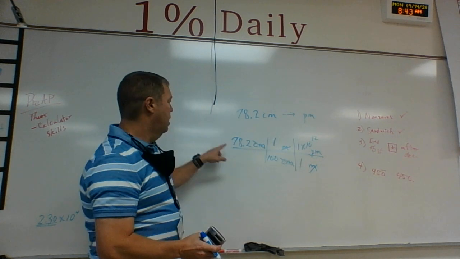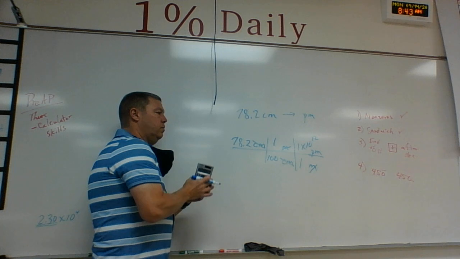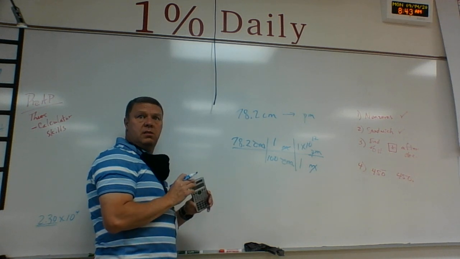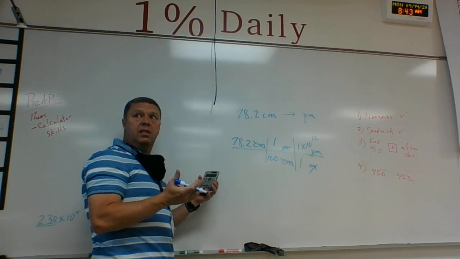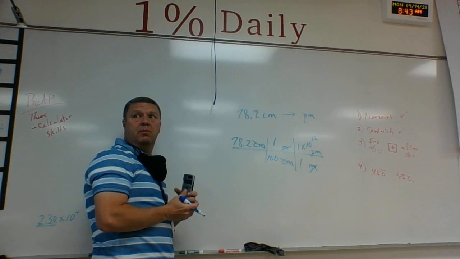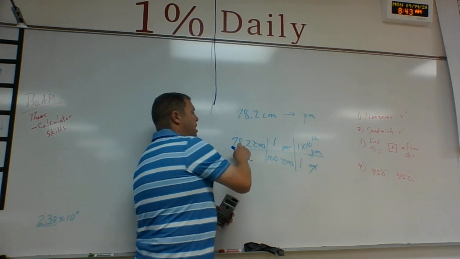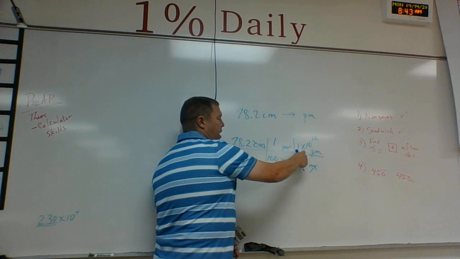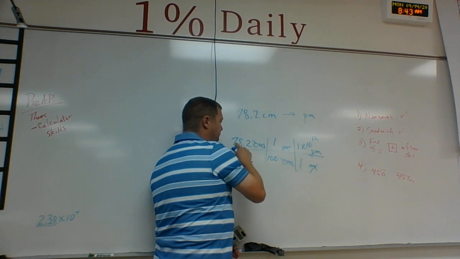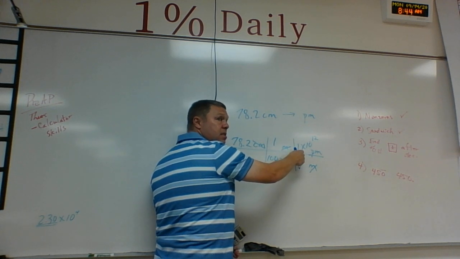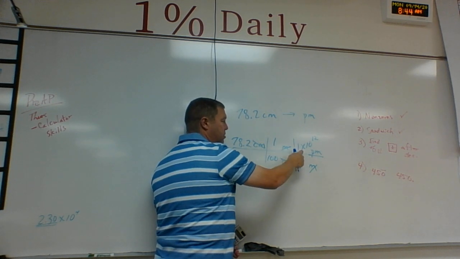Yep. Now, do you know in math class what PEMDAS is? Order of operations, right? You've heard that term? Parentheses, multiplication, division are on the same level, right? Does it matter if I multiply then divide or divide then multiply? No. So I can take this divided by this times this, and I get the same answer as this times this divided by this.